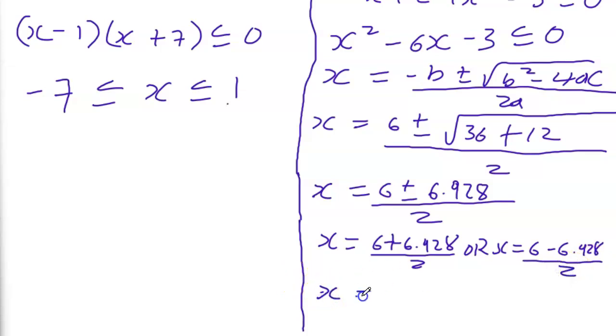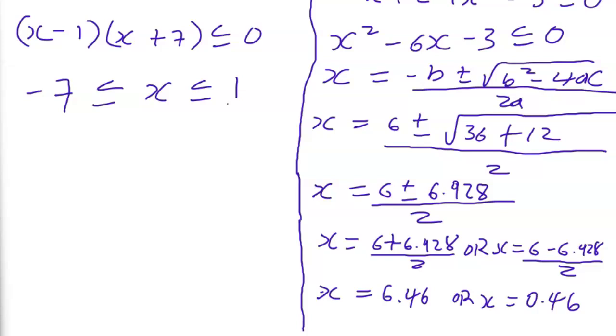So x equal to, so the first one would be 12.928 divided by 2. That's 6.46, and the other critical value, 0.928 upon 2, that's 0.464, about 0.46.